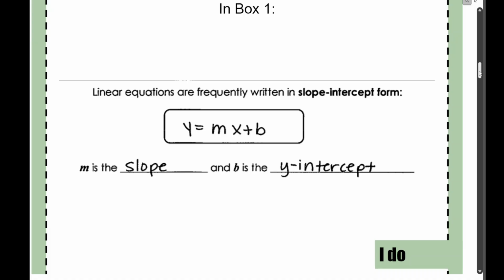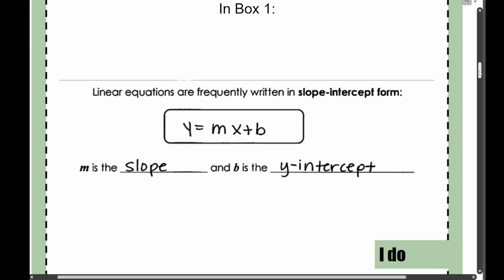So this should not be a new concept for you. This should be reviewed today. M is your slope, which is your coefficient for x, and b is your y-intercept, which will be a constant. Remember, a y-intercept is the y value of the point where your line touches the y-axis.